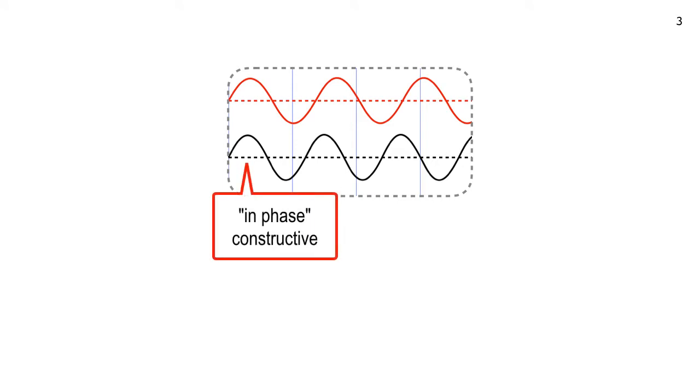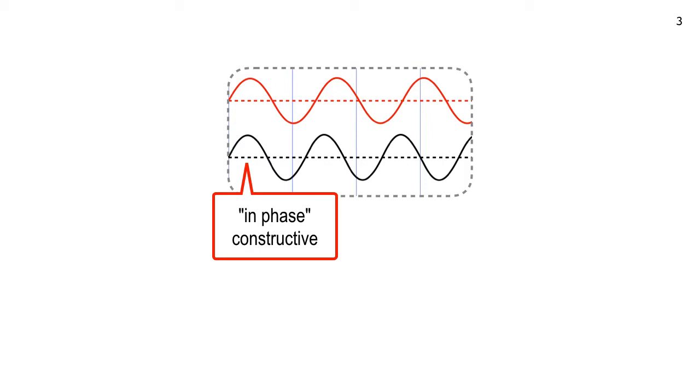Here on the left side is where the two electromagnetic waves are pretty close to being peak to peak. The fancy word we would use for that is in phase. When they're in phase like that, you're going to have constructive interference.